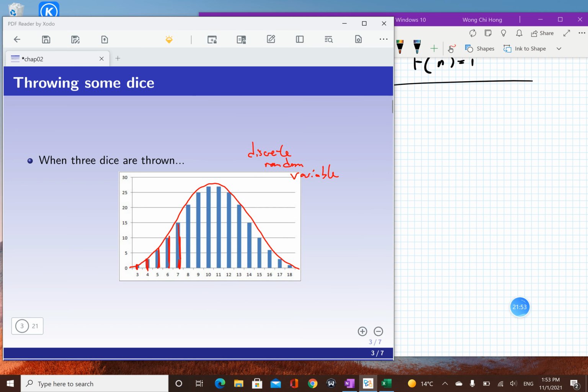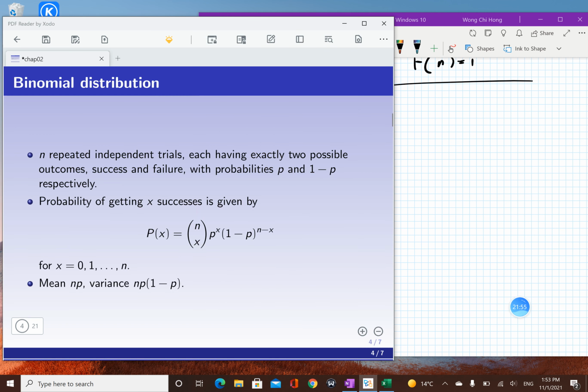Okay. So let me just begin with the binomial distribution, the one so popular to use. We're going to introduce a few special or popular distributions, and we begin with the binomial. The binomial distribution is like this. Suppose that you have to repeat a certain experiment n times, like throwing a coin, like throwing your die.